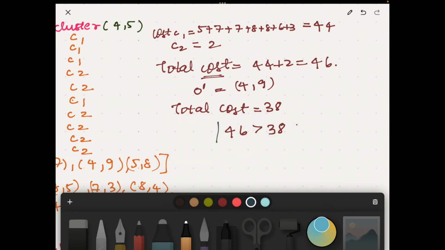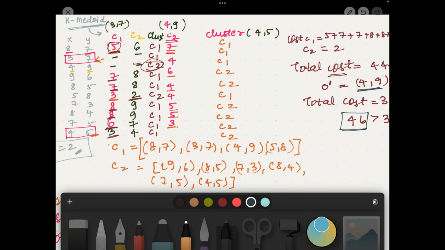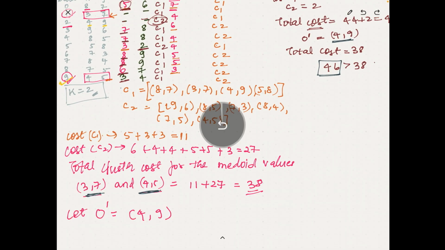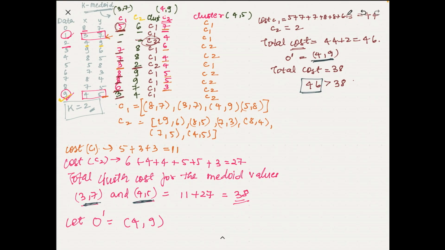This means that this value, the value 4,9, the dissimilarities of this Kmedoid with the rest of the points here is going to be much greater than the dissimilarities that these 2 points had. So what I basically mean is that this point here 4,9 is going to be a lot more dissimilar when you compare it to these 2 points.